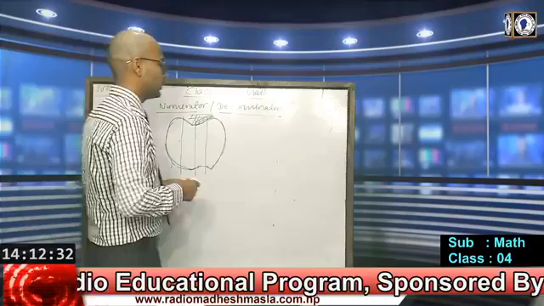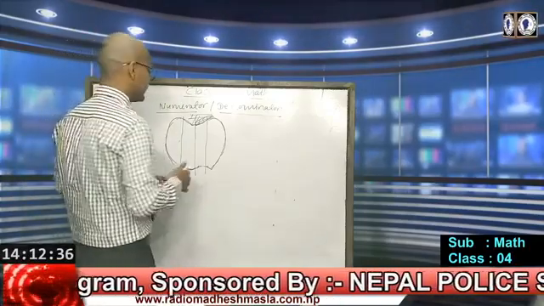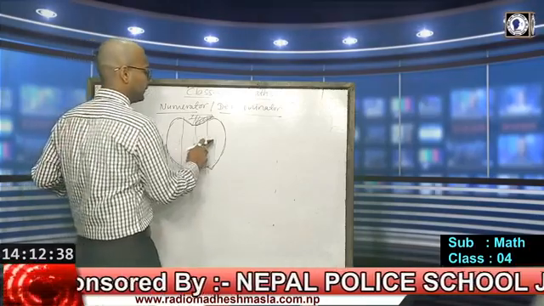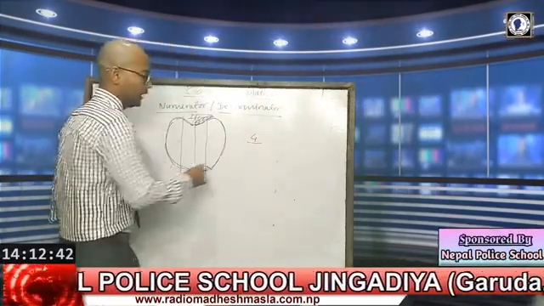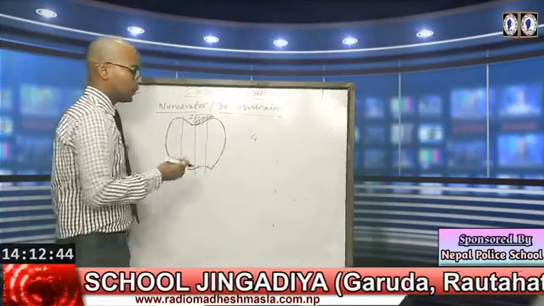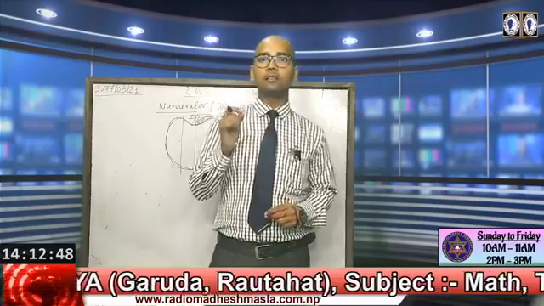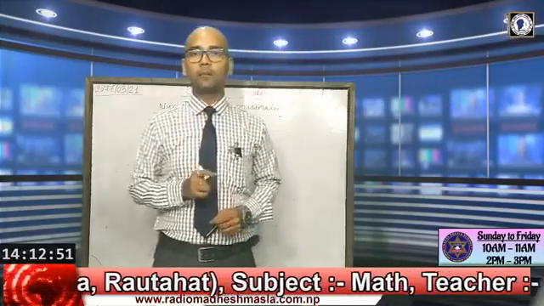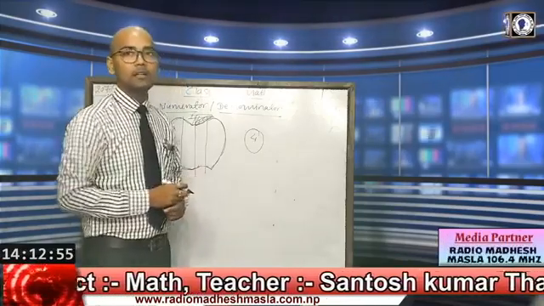If we count the cut parts, we get 1, 2, 3, 4. So how many parts are there altogether? 4 parts. As we know, according to the definition, the total part is written as the denominator of the given number. So this 4 should be written as the denominator.